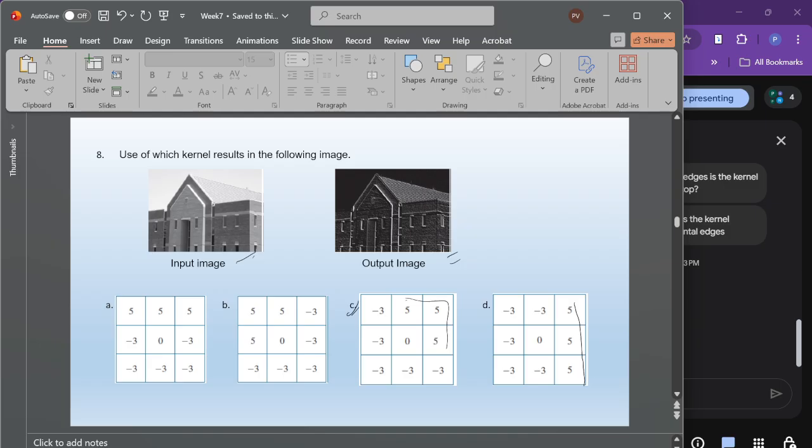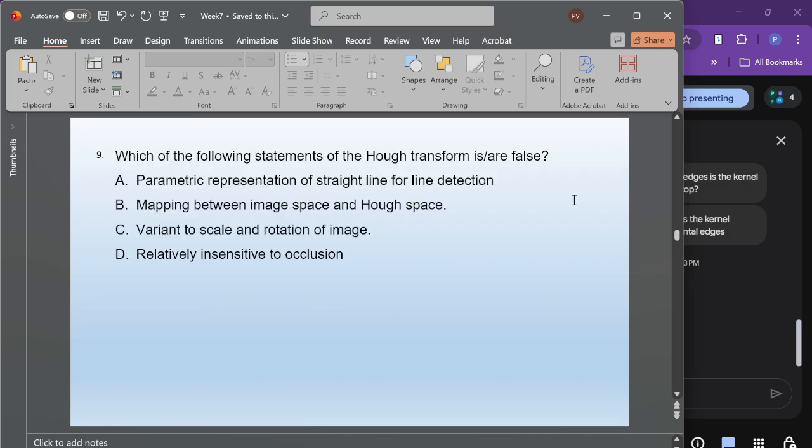That is on the right side, and at the top, with the positive values. I hope all of you have understood this question. Now moving to our next question.